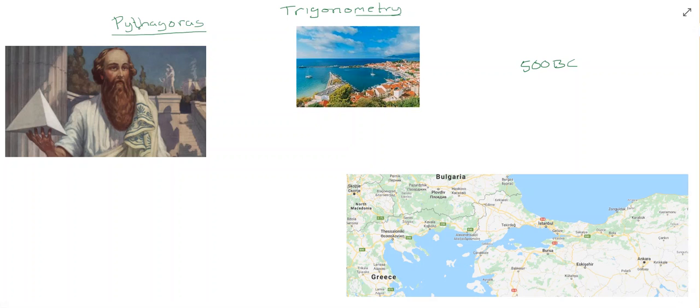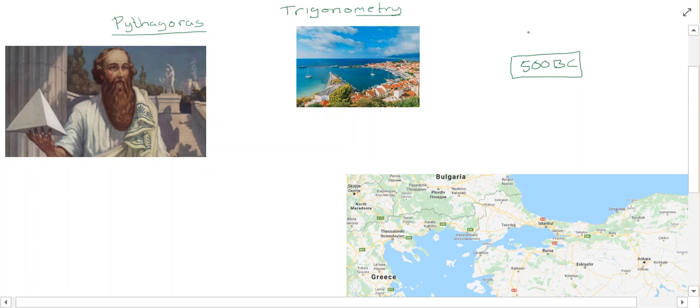Now, Pythagoras was actually a person who was alive around 500 BC, so quite a long time ago. And the ideas that he came up with have lasted a long time, and they're still with us today.